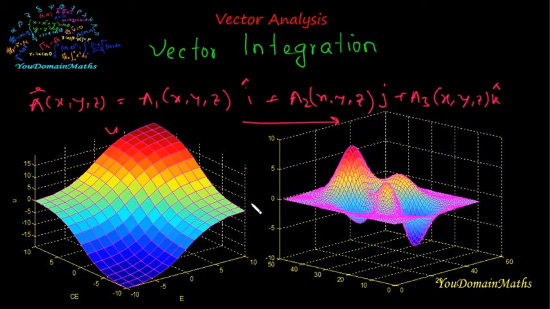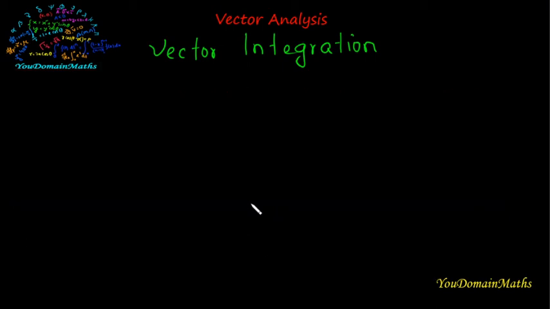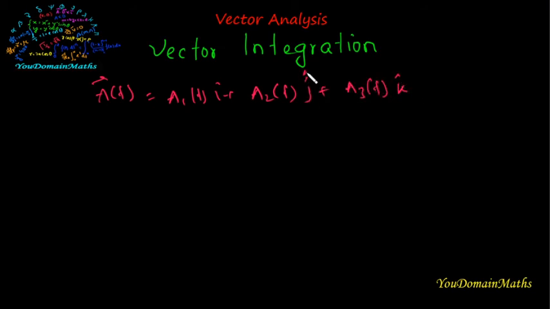Now we will see the ordinary integral of a vector, in very simple terms. That means a is a function of t, a1 of t i plus a2 of t j plus a3 of t k. This is a vector, and this is also a curve.